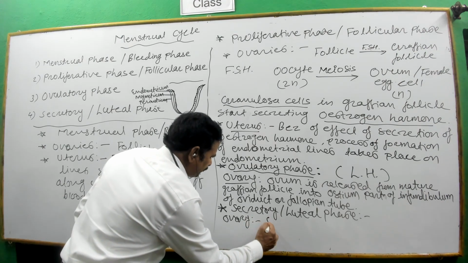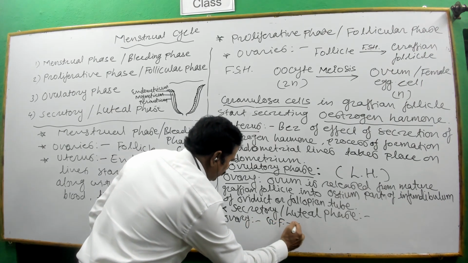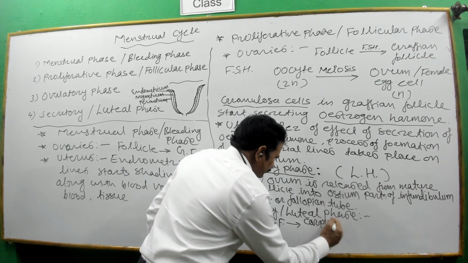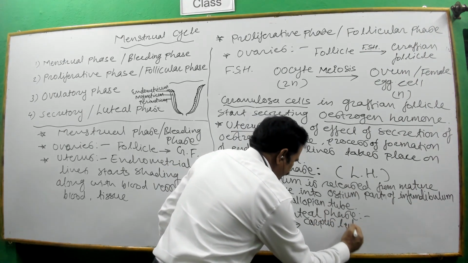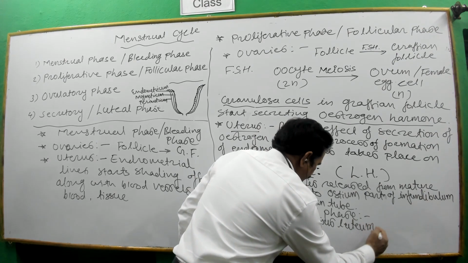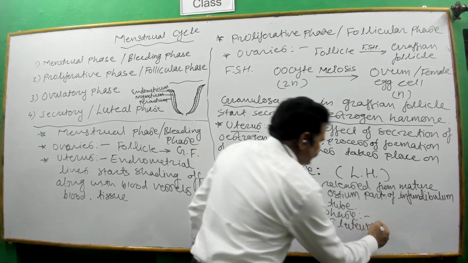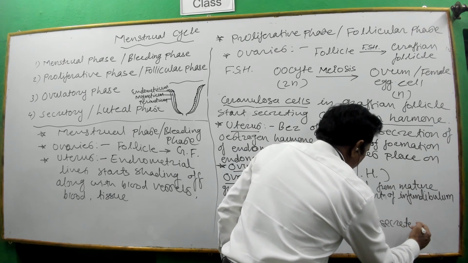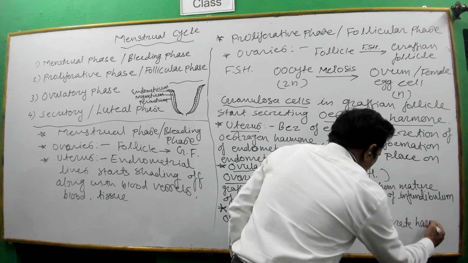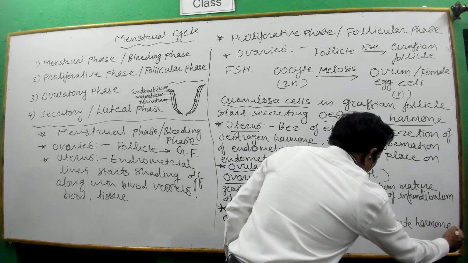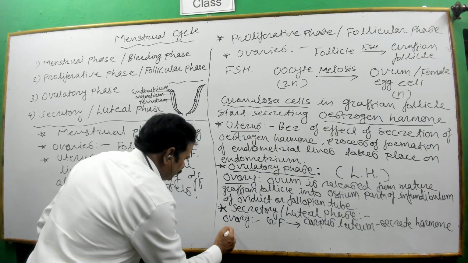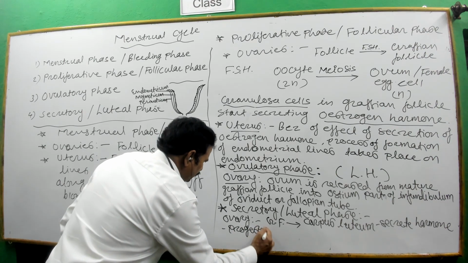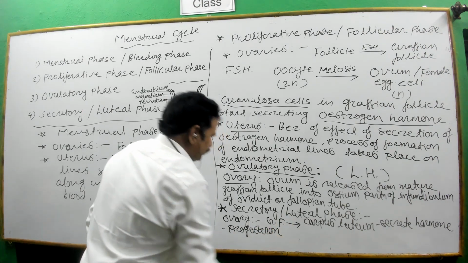Graafian follicle is now called the corpus luteum. And this corpus luteum secretes a hormone, which is called progesterone.